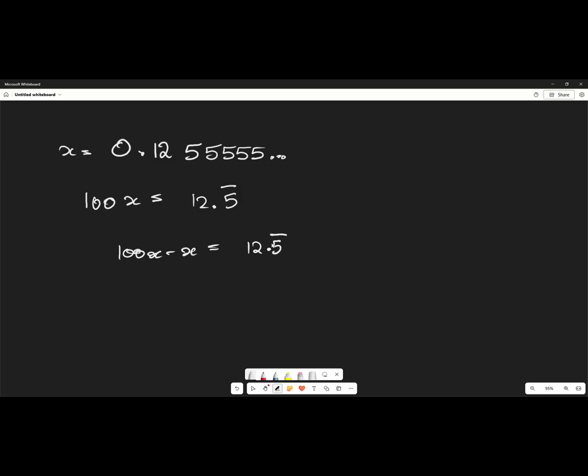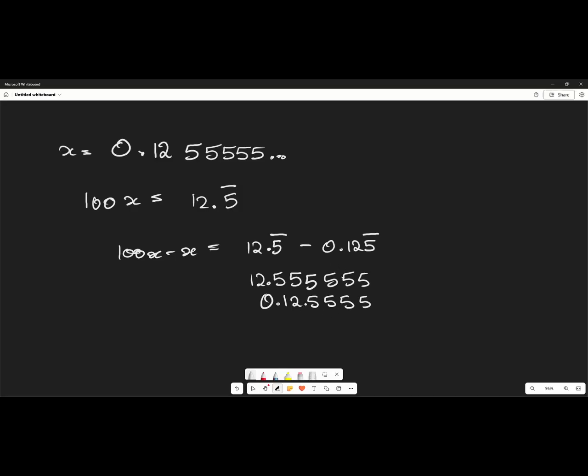So 100x minus x is equal to 12.5 bar minus 0.125 bar. Here we write it like this: 12.5555555, and then you have 0.1255555.